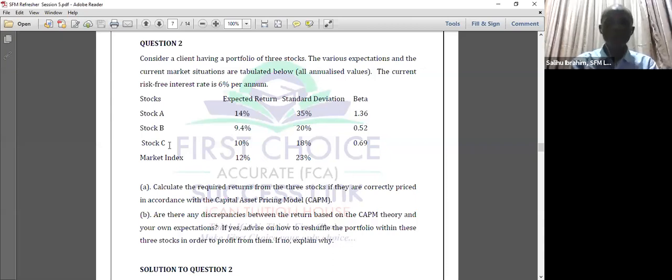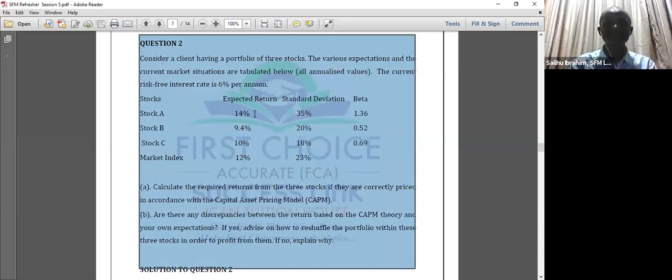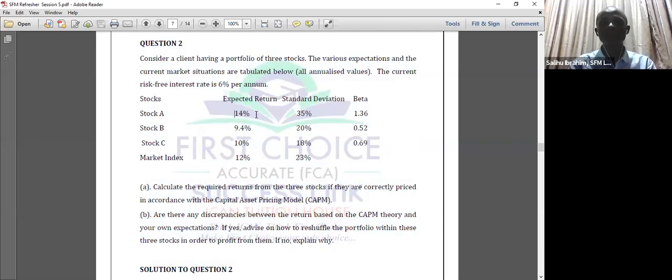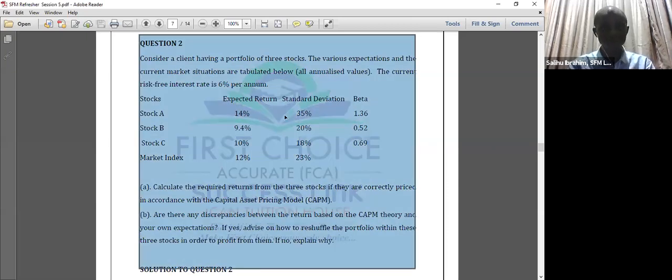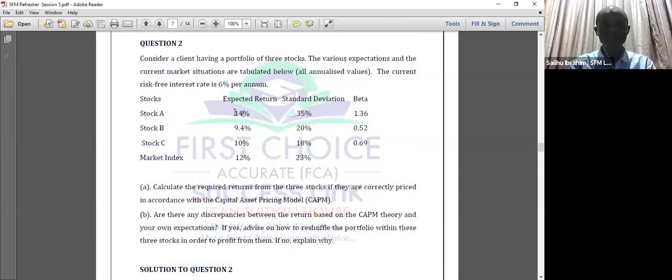Meaning that if I want to get standard deviation, what will I do? I will start with my expected return. I will put my probability and multiply the probability by the return, which will give me the expected return.